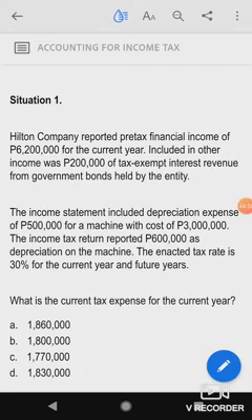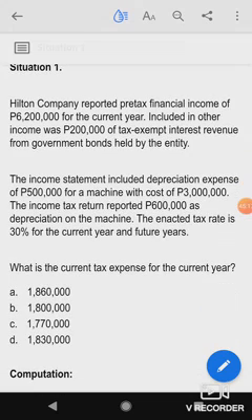So we have Situation 1. Hilton Company reported pre-tax financial income of 6,200,000 for the current year. Included in other income was 200,000, a tax-exempt interest revenue from government bonds held by the entity.